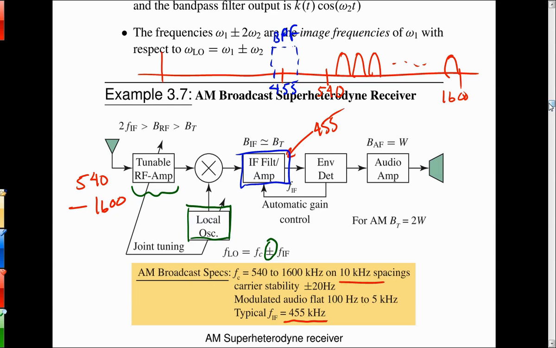It's a lot easier to build a high gain amplifier in a narrow band of frequencies than to put the high gain at the front of the receiver. If you put really high gain at the front, it will get swamped by any little spurious signal that happens to come floating in, and then it might start overloading and creating a bunch of distortion products that are not good, since there's no such thing as an ideal amplifier.